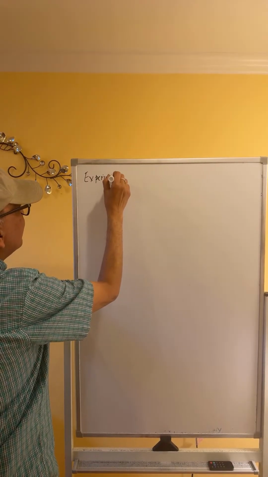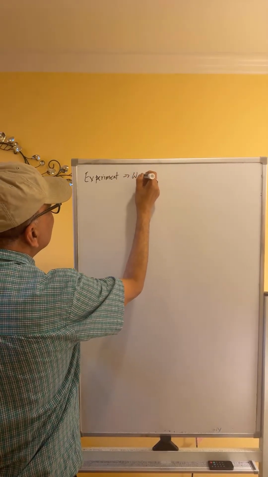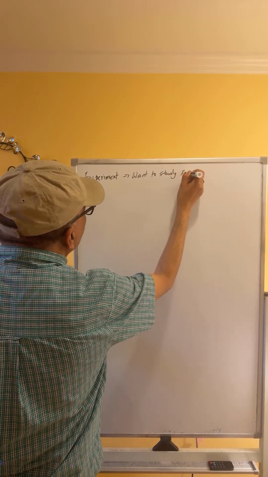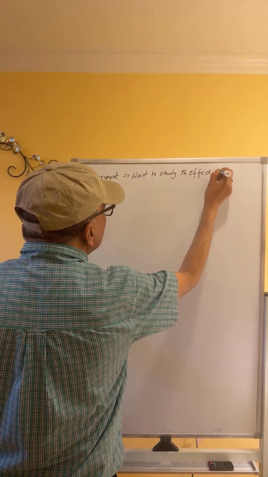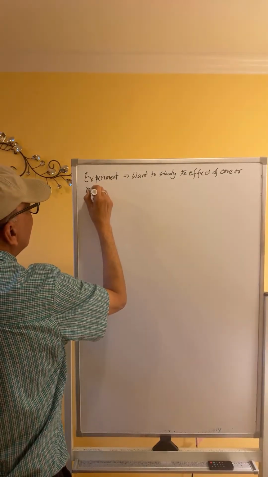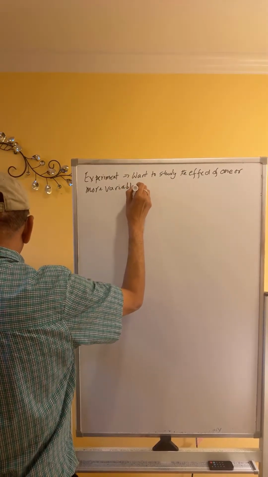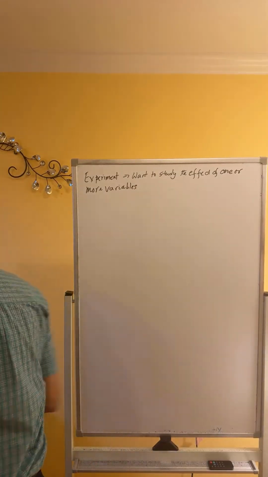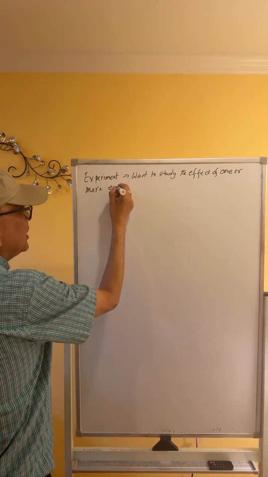An experiment is where we want to study the effect of one or more variables, more precisely, one or more explanatory variables, and I'll just explain in a minute what I mean by explanatory variable.